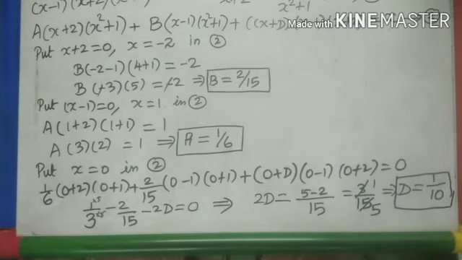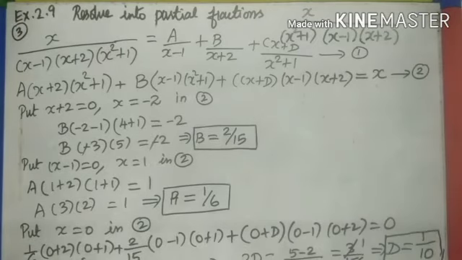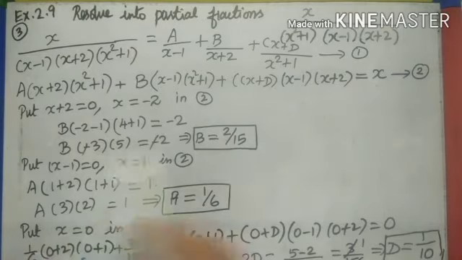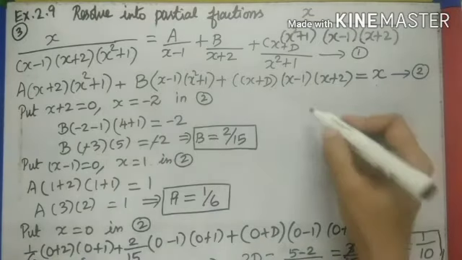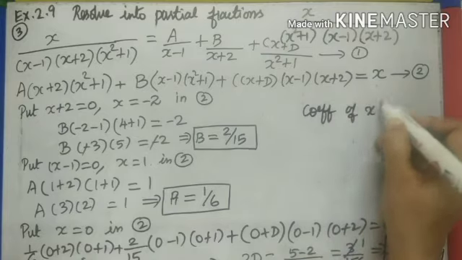Now we are just left with C. What is special about C? Let us compare the x cube coefficient on both the sides. What am I comparing? Coefficient of x cube.